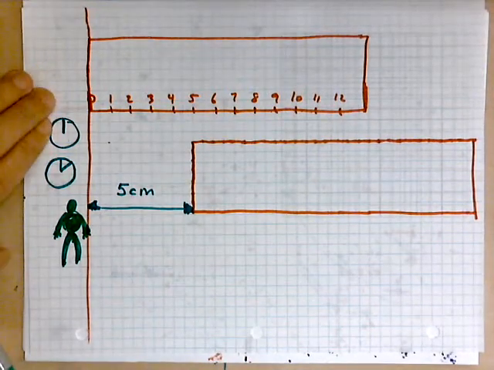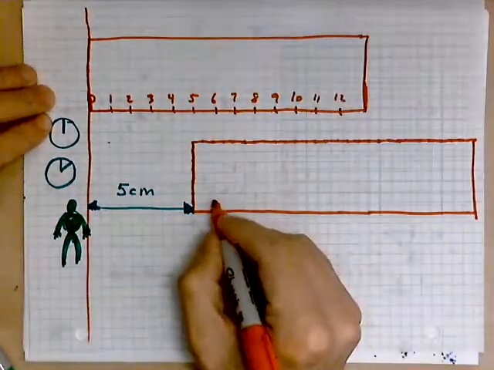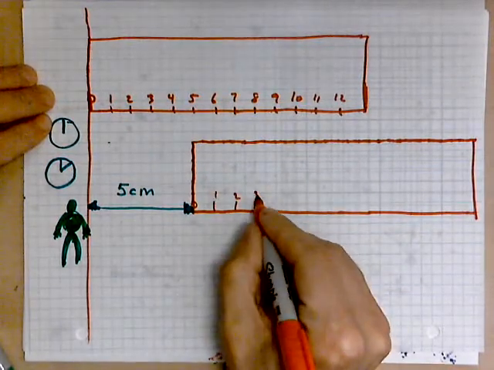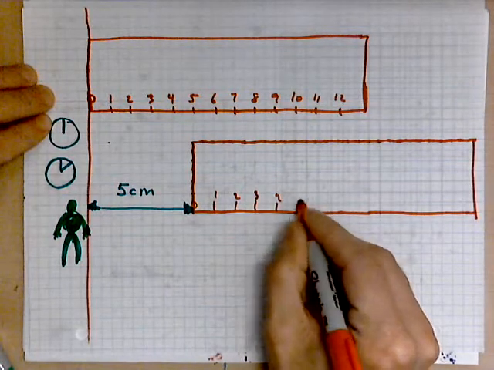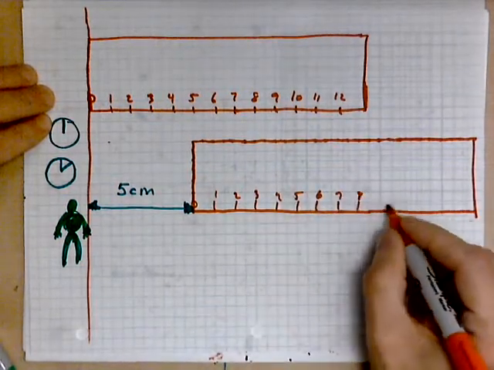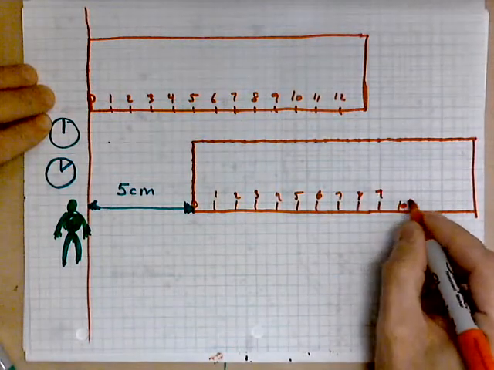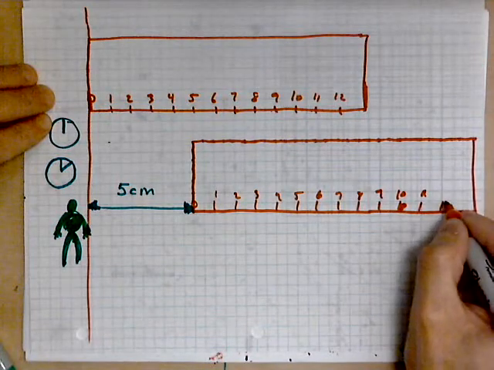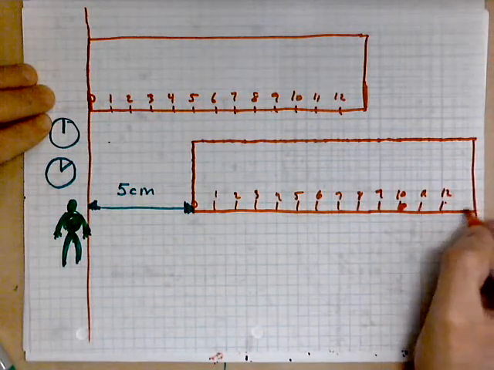Okay, so let's renumber the ruler. Let's take this as 0, and then 1, 2, 3, 4, 5, 6, 7, 8, 9, 10, 11, 12, and so on.